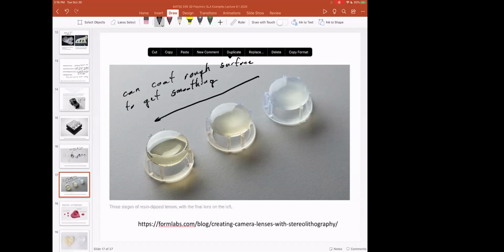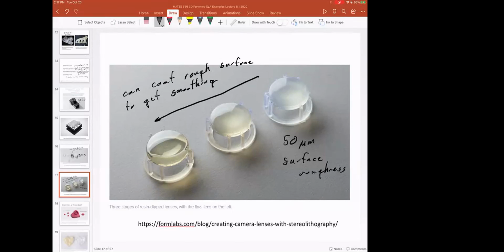So you might go from something like 50 micron surface roughness. And they didn't measure it in this application note, but this thing is going to have like 2 micron or less than 2 micron surface roughness.